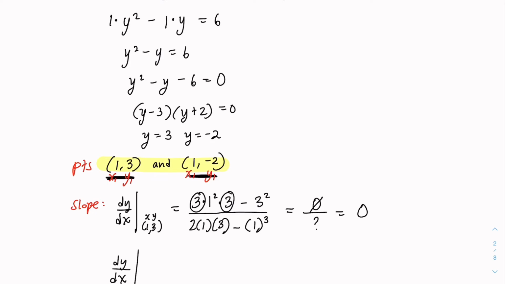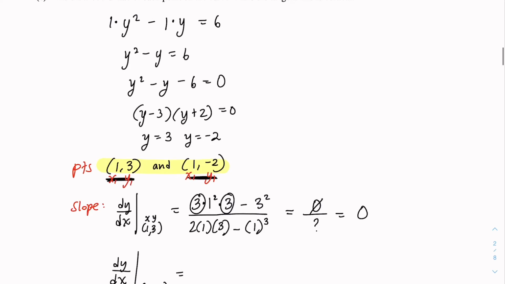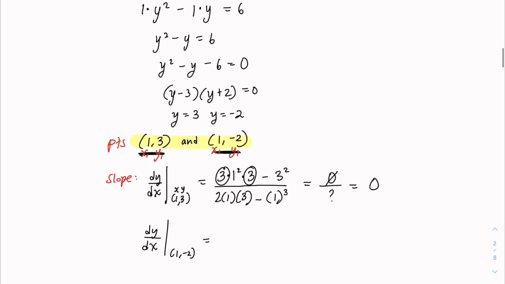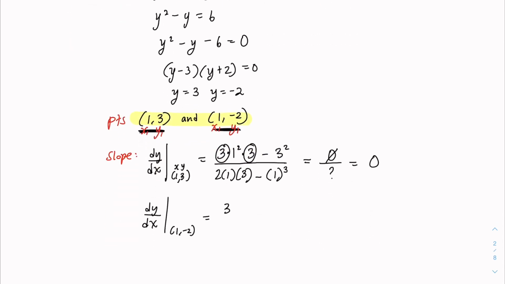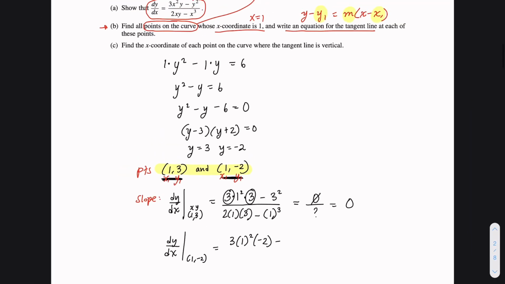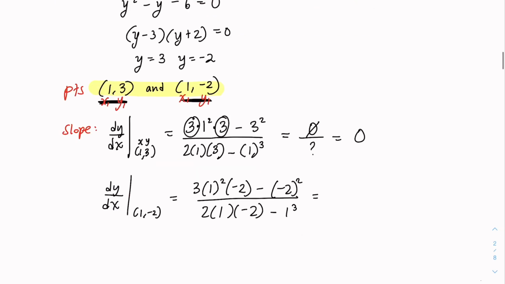At the second value, (1, negative 2), let's plug in and see what we get. So again, it's 3x squared y minus y squared all over 2xy minus x squared.